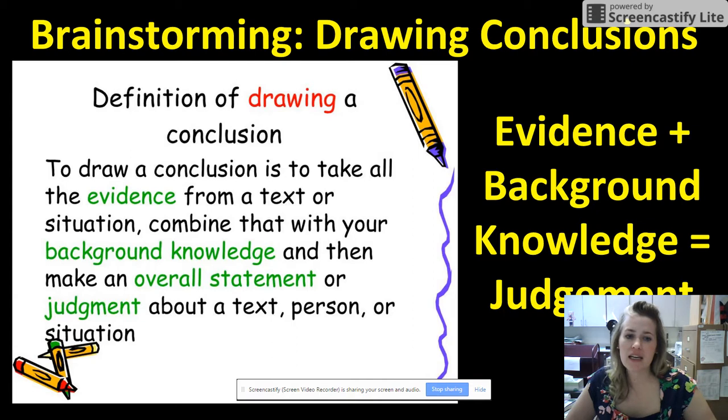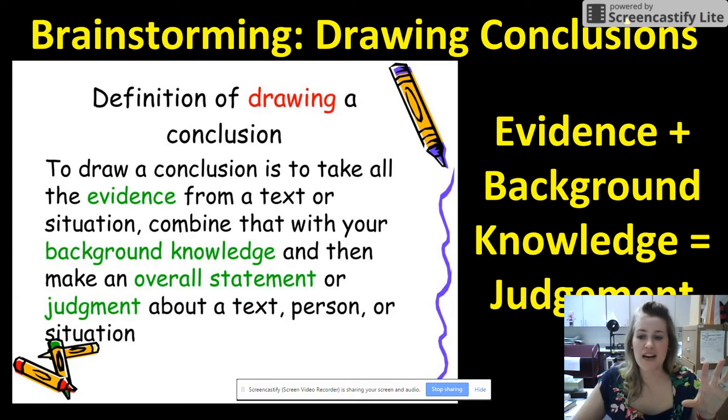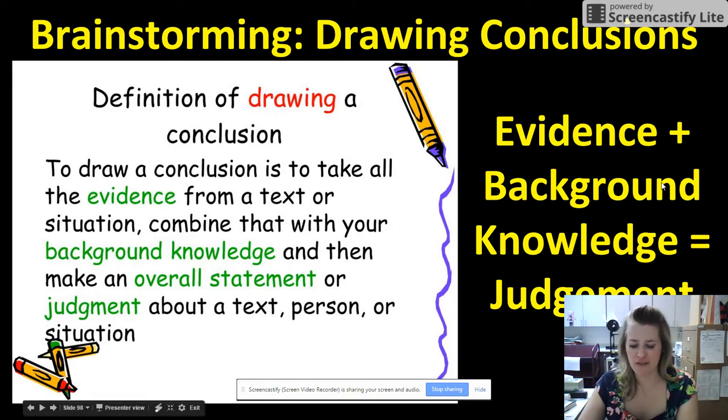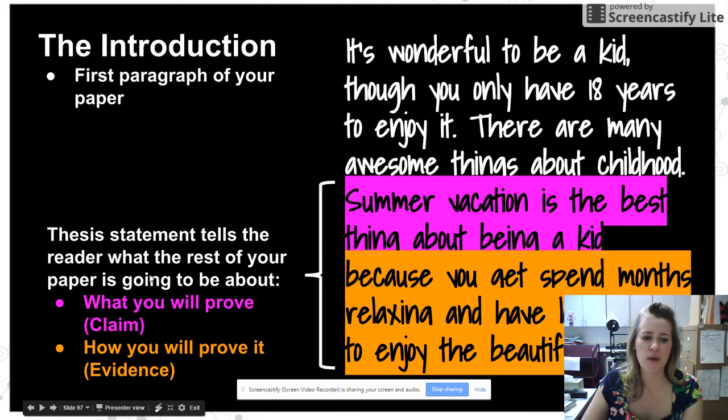So when we're drawing conclusions, we take evidence and our background knowledge and we reach some kind of judgment. In doing so, that's going to help us come up with the first part of our thesis statement. So right now, we're going to work on coming up with this pink part. We're going to draw a conclusion in order to come up with this claim, this first part that's in pink.